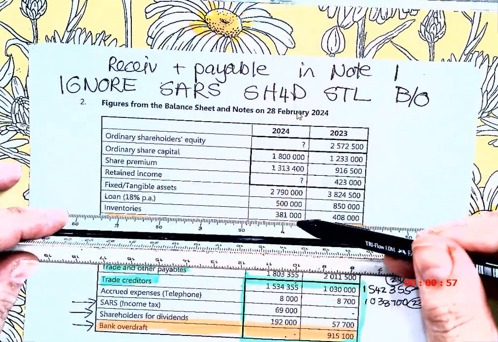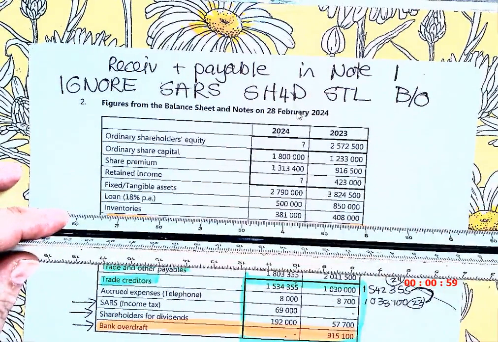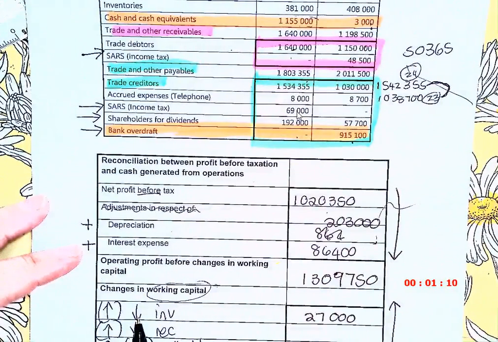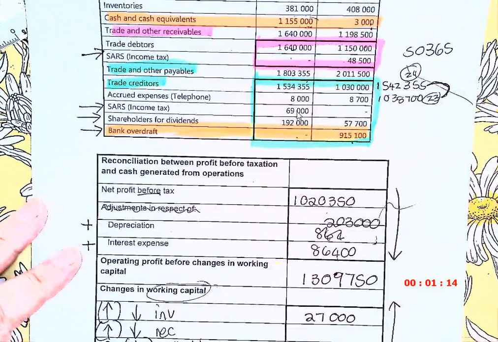What's the difference? 27,000 on the dot. And now I can see it's a decrease, and a decrease is positive. No bracket. It's an inflow of cash, which actually makes sense, because if I sell stock, my stock becomes less, but money comes in. Right.